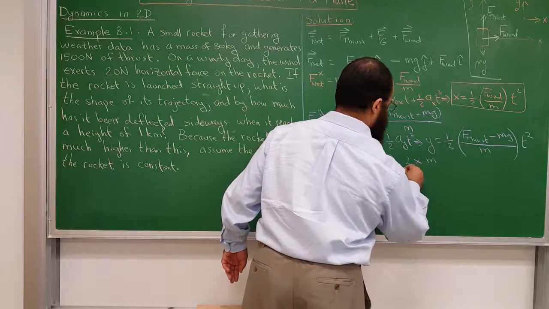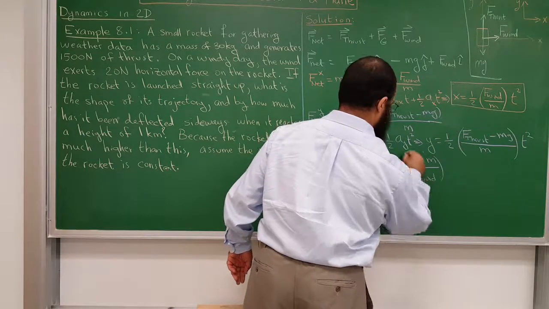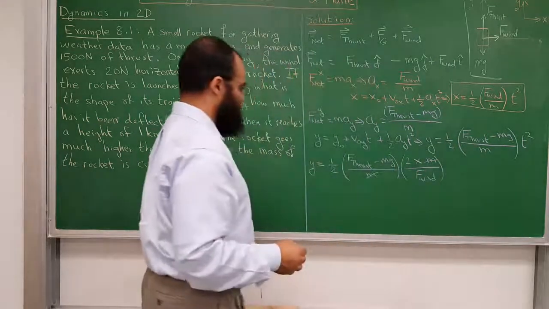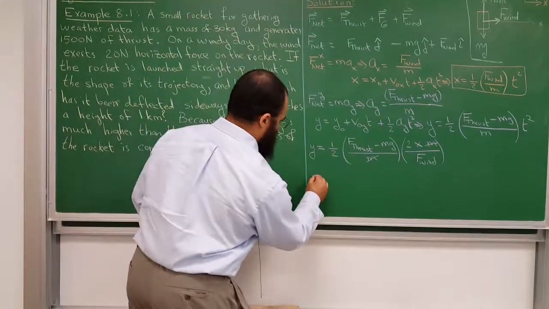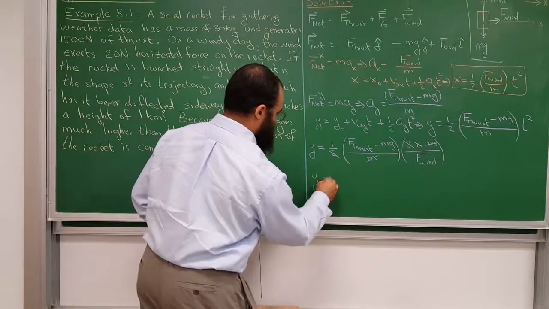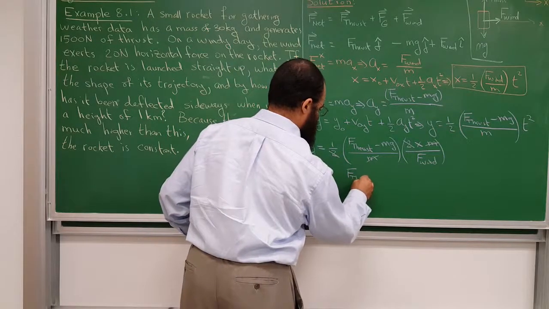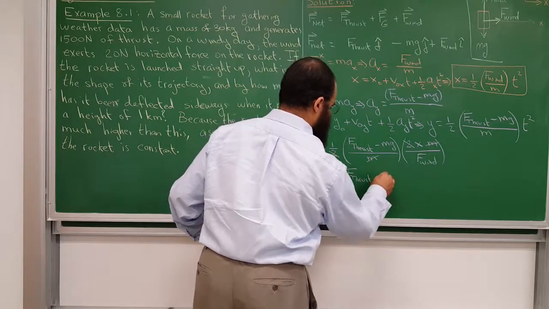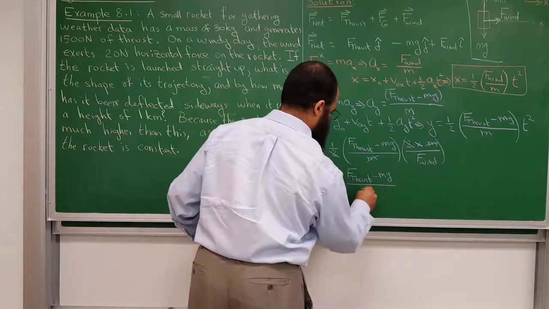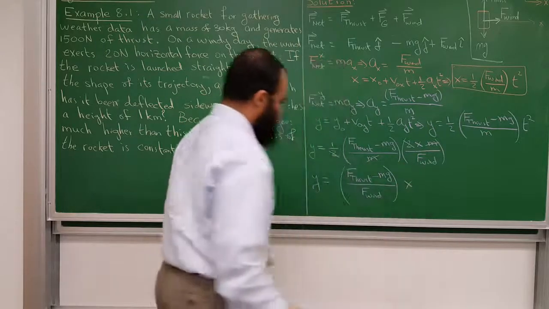You know, this mass cancels, and the 2 here and 1/2 here cancel. And you just get y will be F thrust minus mg divided by F wind times x.